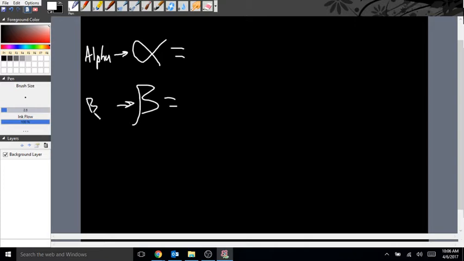That's beta. Those 2 are kind of easy. Alpha looks like a funny A. Beta looks like a funny B. And the last one, funny looking Y guy, no real easy way to know this, but that's gamma. I believe that's a lowercase letter, but I might be wrong on that.